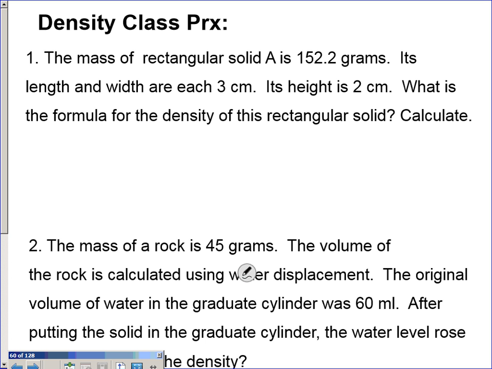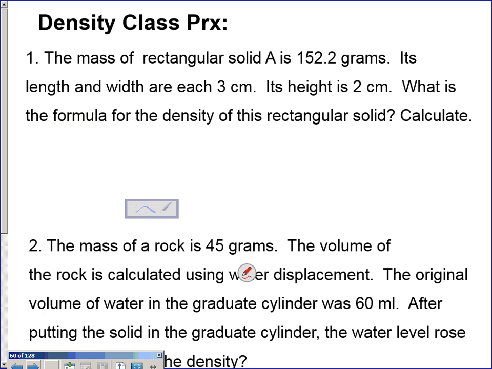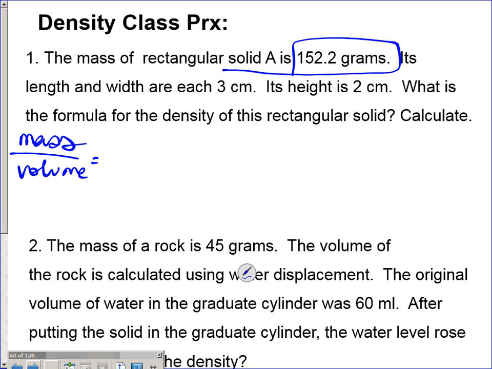What's the formula for density? It's what? Mass over volume. Okay, so mass over volume. All right, so do we have the mass given to us? Yes, okay, that's good. We are easily taking this number, and that is the mass. That's it. 152.2 grams.